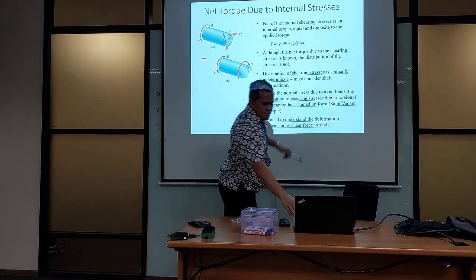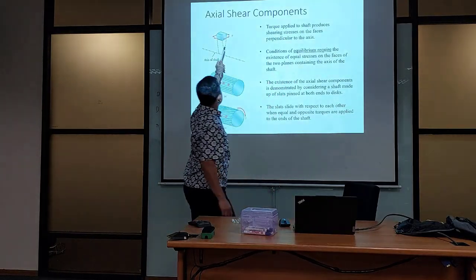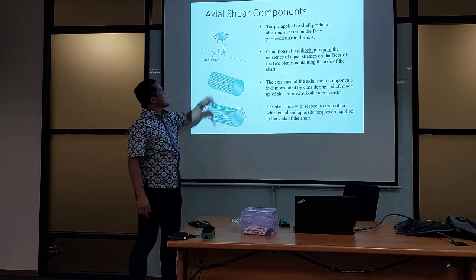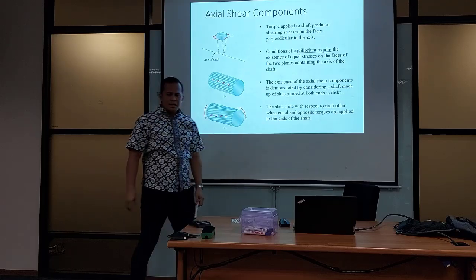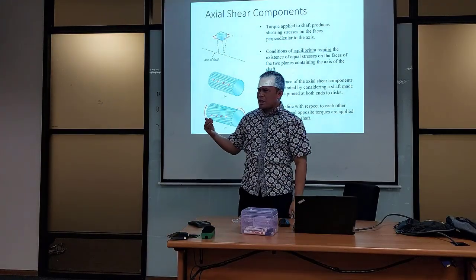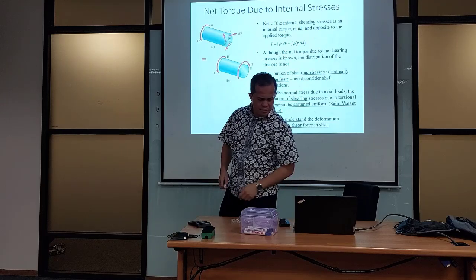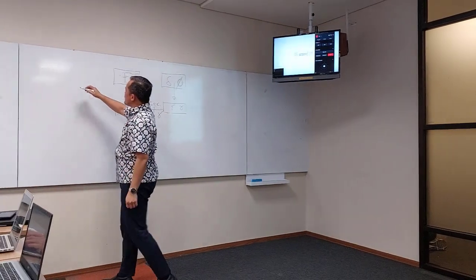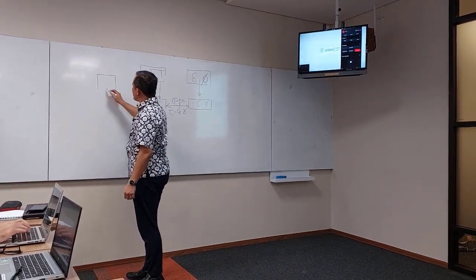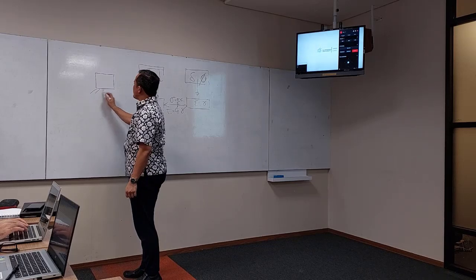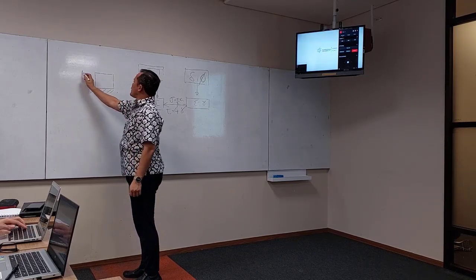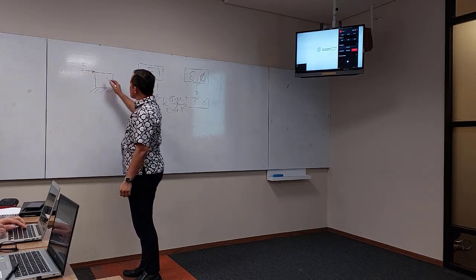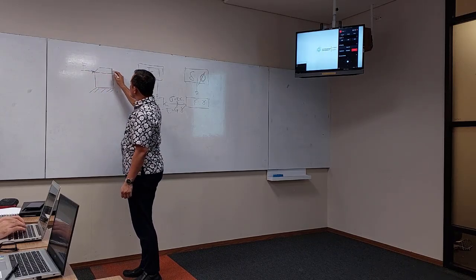If you take out this, this is the 3D shape. As you are applying an F, then this is the area that you are applying.